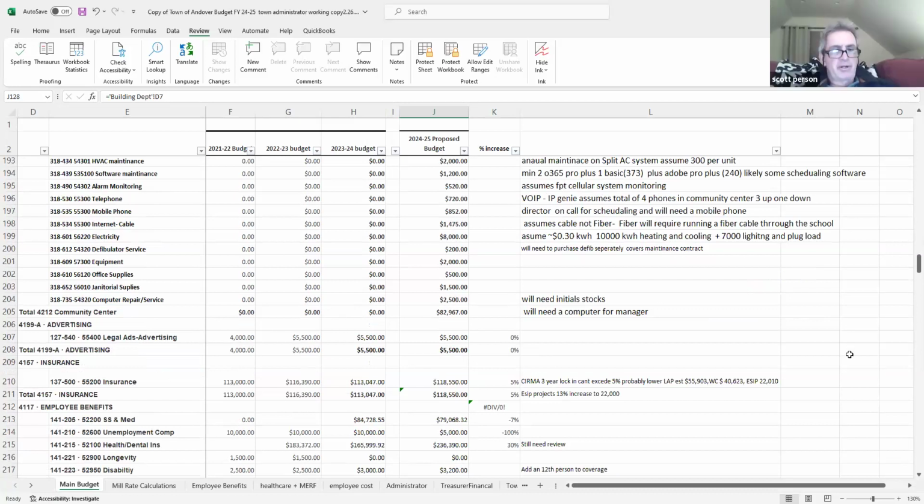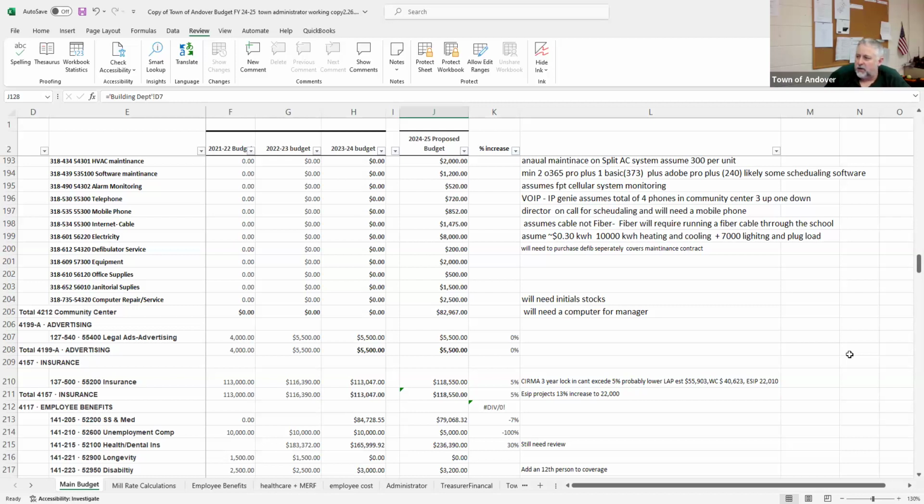It says defibrillator service, Erica. Did you already purchase a defibrillator for the community center? I did not, but we're going to have to. I'm assuming we're taking that out of the $150,000. We're kind of allocating from the multi-use building fund to fit out the building.